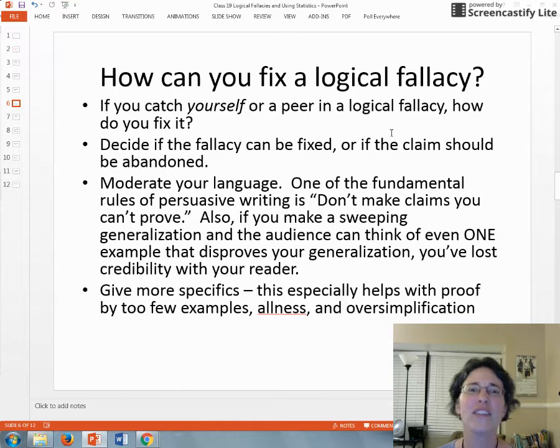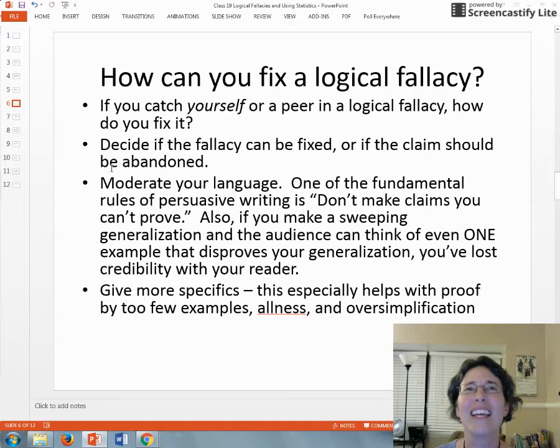If you decide to fix it, you can do several things. The first thing is moderate your language. Instead of saying all people who listen to violent music are going to go on to commit violent acts, you might say there is a X% chance that you have found through research that people are going to go on to commit violent acts.